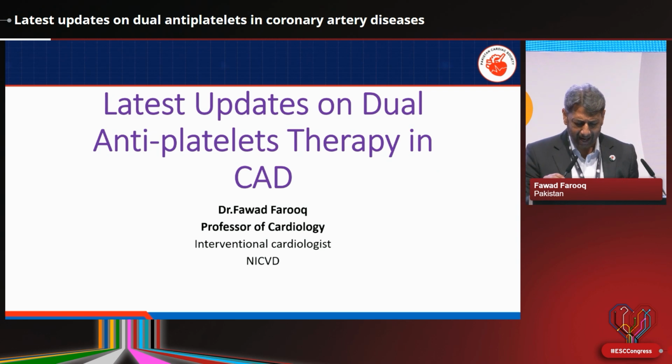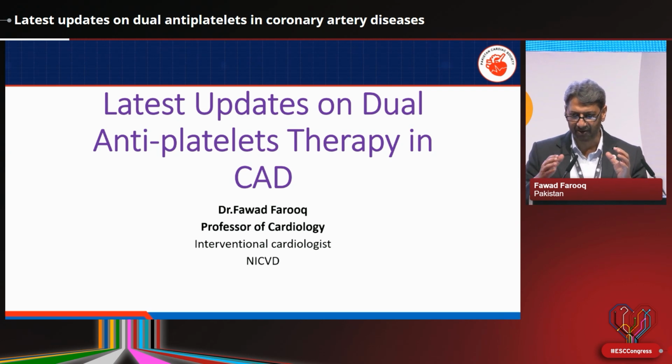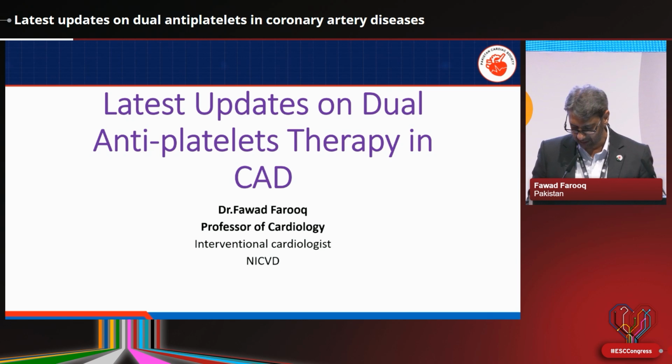Now regarding antiplatelet therapy, we all know that we now have multiple antithrombotics available to offer our patients at different stages of coronary artery disease, starting from probable ACS to stable IHD. So it's very important to identify at which stage of disease which kind of drug should be offered to our patients.